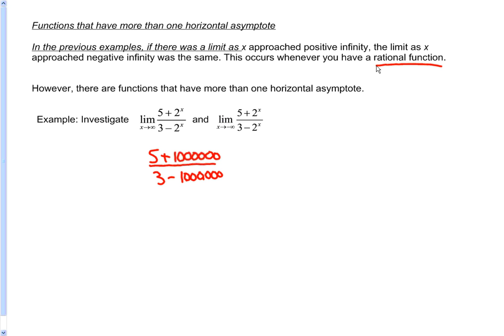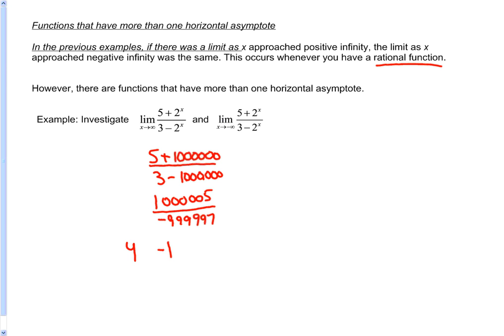So in this case, we would have 1,000,005 divided by negative 999,997. And as we calculate this, this is going to approach -1.